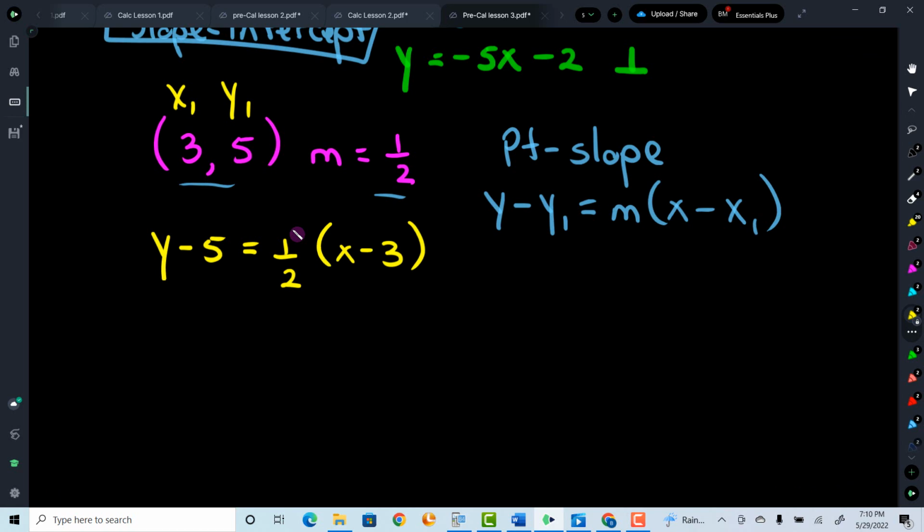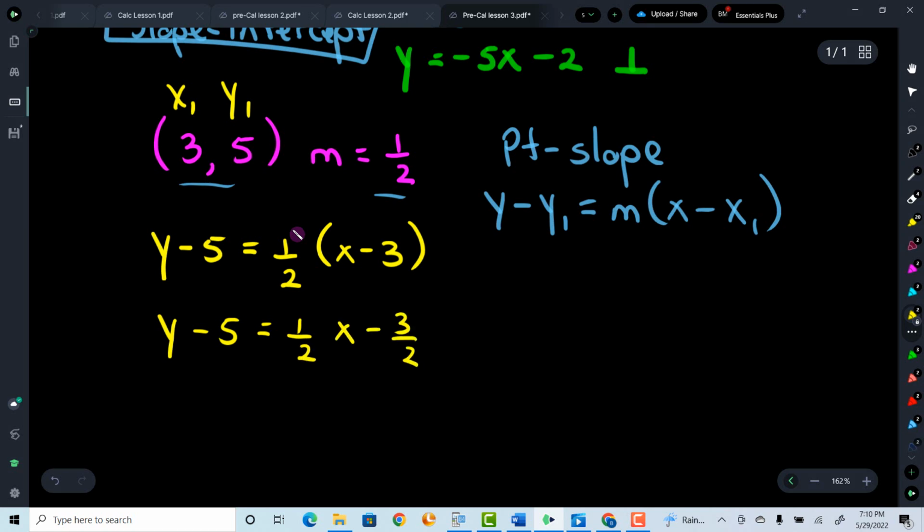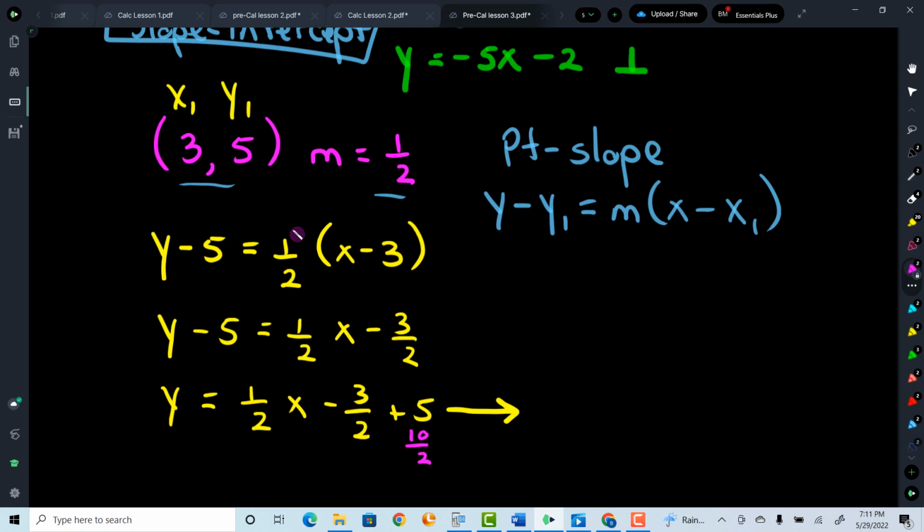Let's simplify that into slope-intercept form. Y minus 5 equals 1/2 x minus 3/2. So now we'll add 5 to both sides. So we get 1/2 x minus 3/2 plus 5. So let's simplify that. Instead of 5, let's think of that as 10 over 2, because we need a common denominator, right?